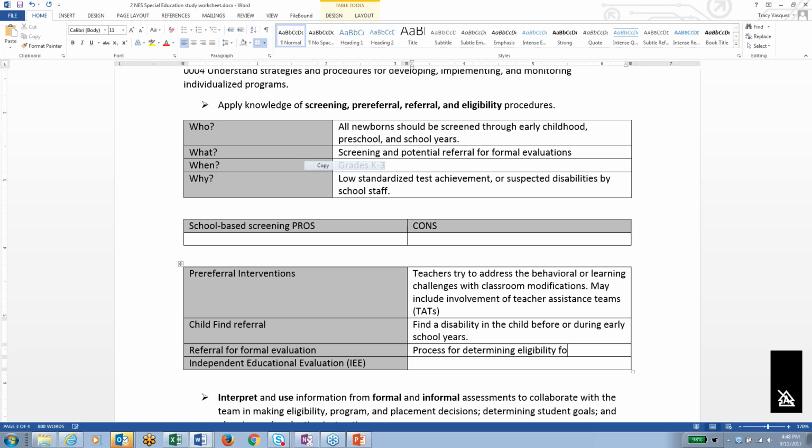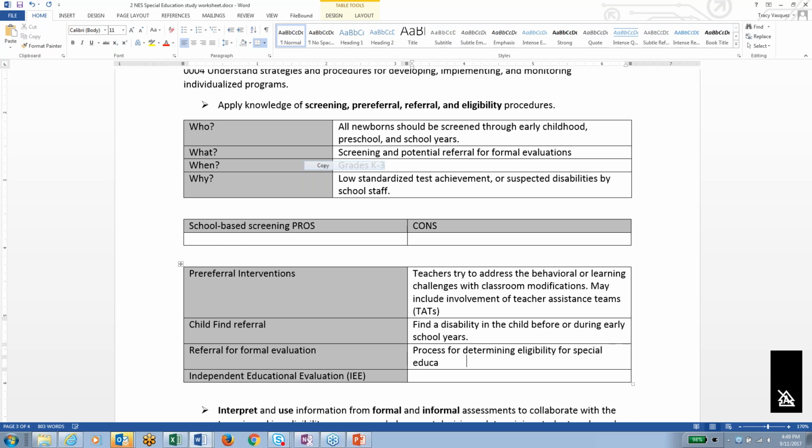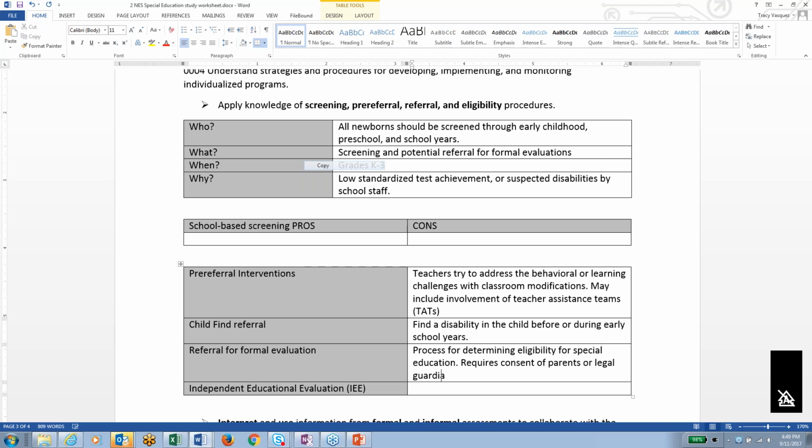And the school obtains consent from the parent or the legal guardian. Yes, and all professionals must evaluate the developmental learning areas related to the disability suspected. Exactly.